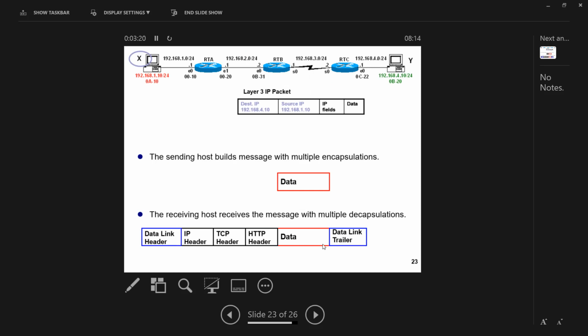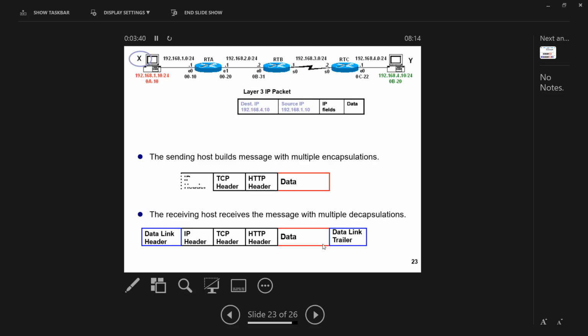So if we have this example, we need to move the data from node X to node Y. We'll have the destination IP address and the source IP address. So from the application, we receive the data. At the network layer, we add the source IP address and the destination IP address.